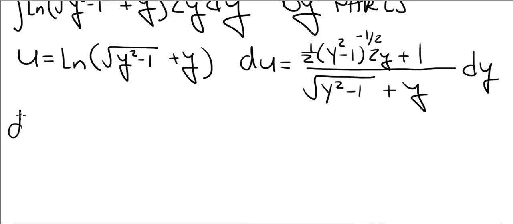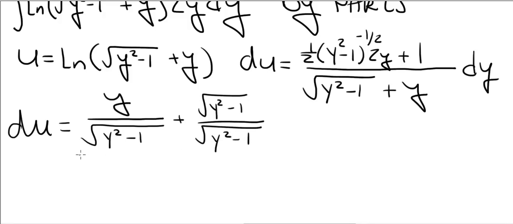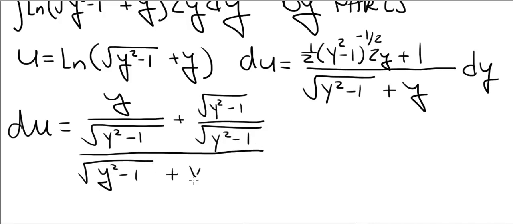Du now looks like this. We have a y divided by square root of y squared minus 1 plus 1, which I'm going to write as square root of y squared minus 1 divided by square root of y squared minus 1. All of that divided by square root of y squared minus 1 plus y times dy.